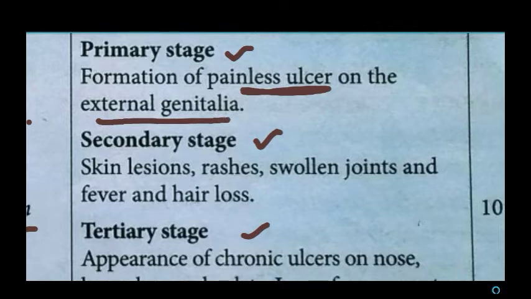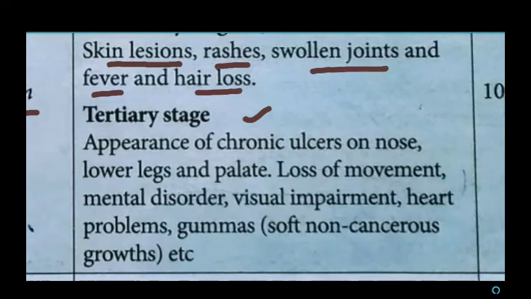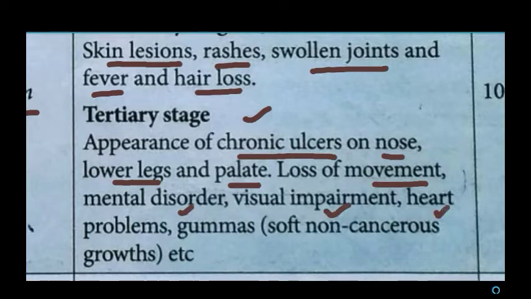In the secondary stage, it produces skin lesions, rashes, swollen joints, fever and hair loss. In the tertiary stage, the final stage, there is appearance of chronic ulcers on the nose, lower legs and palate, and there will be loss of movement, mental disorder, visual impairment, heart problems and gummas.